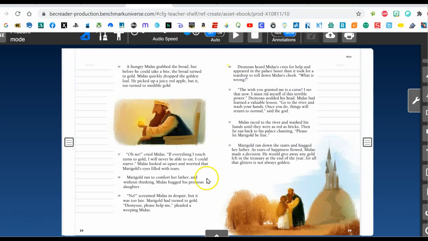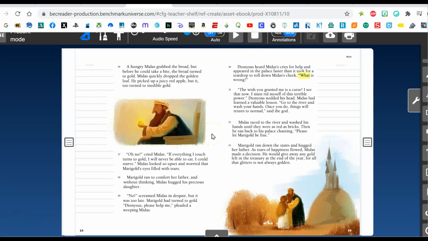And then go back to the text. What else did he do? Oh, wait a minute. I know what else he did. So he did tell him, but before that, you notice this? Dionysus heard Midas's cries for help and appeared in the palace faster than it took for a teardrop to roll down Midas's cheek.